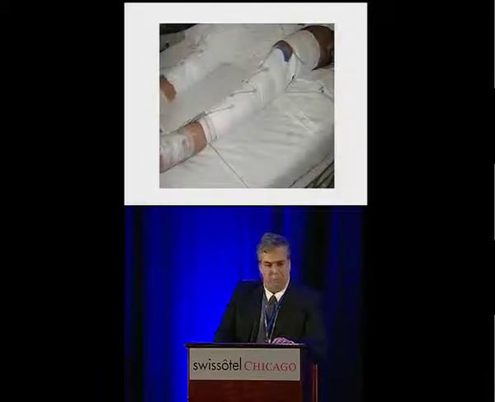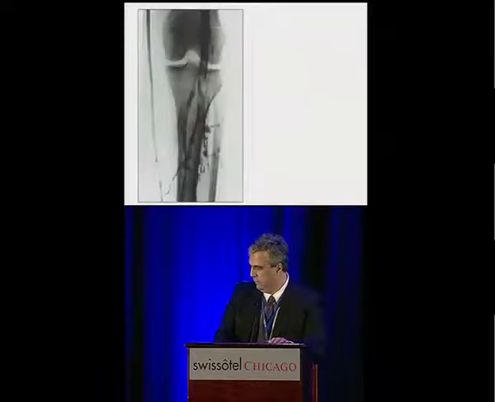Sometimes we do use compression systems to help the drug to mix with clots in the calf and have a better result. At the beginning, you have a lot of clot sitting in the popliteal vein and the tibial veins.